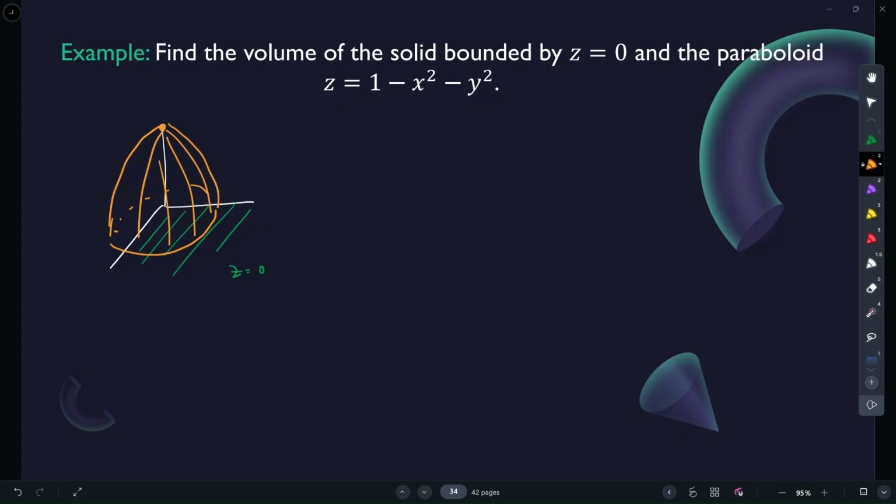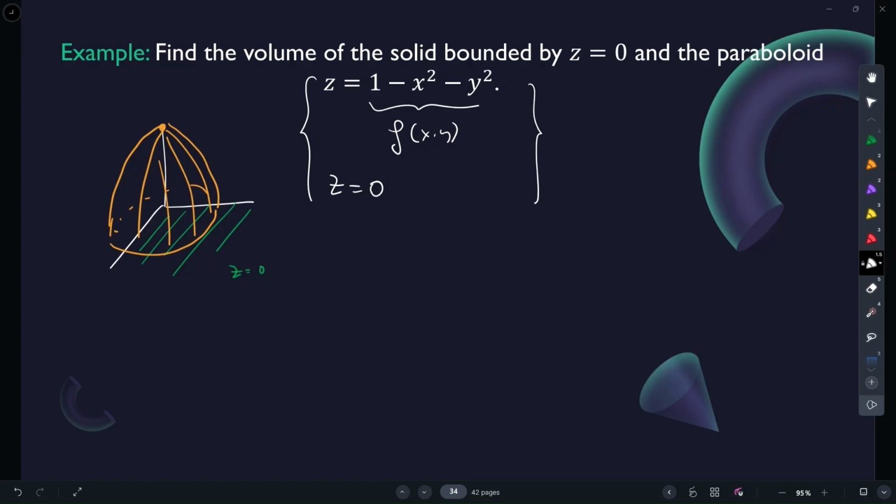And I want to compute the volume under the paraboloid and above the xy plane. So this is my function f of x y. And I want to figure out what it is that I'm integrating over. So first of all, what happens when I do the intersection of this with the plane z equals 0?